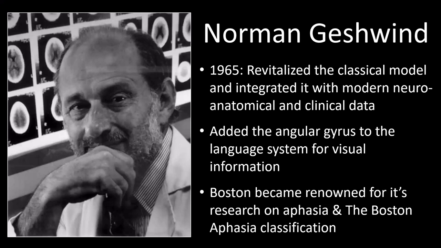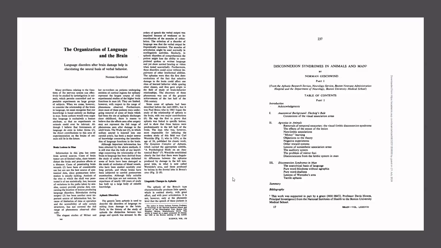And because of his work on the language model and aphasia, a lot of his colleagues or people in his hospital started working on aphasia, and Boston became quite renowned for its research on aphasia. And the Boston aphasia classification would be the dominant model for aphasia in the decades to come, I believe.